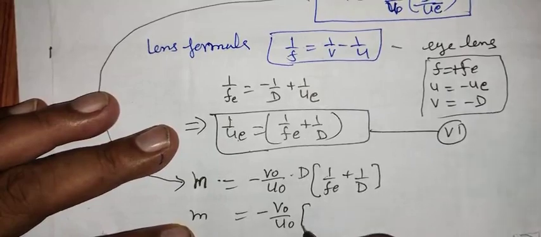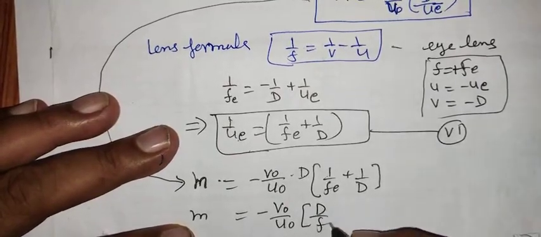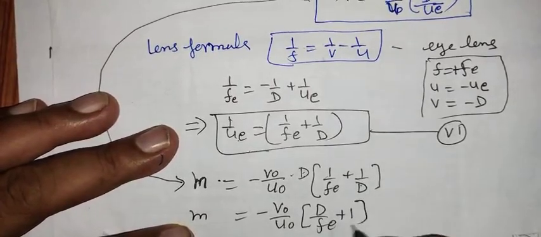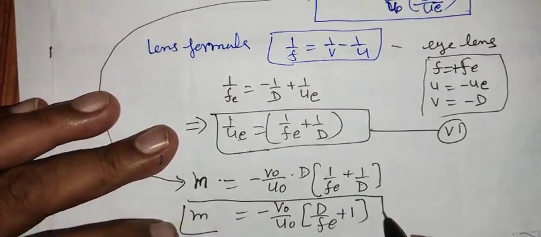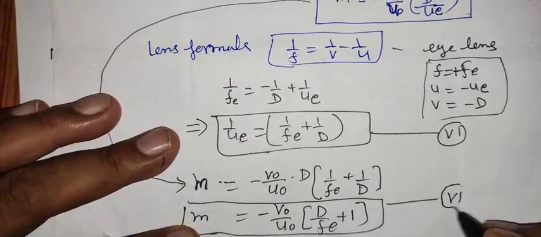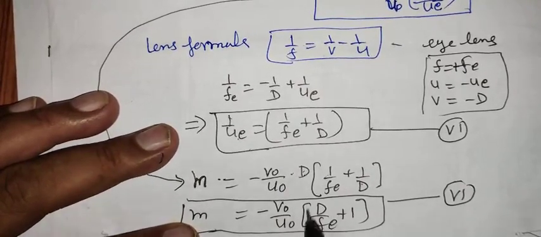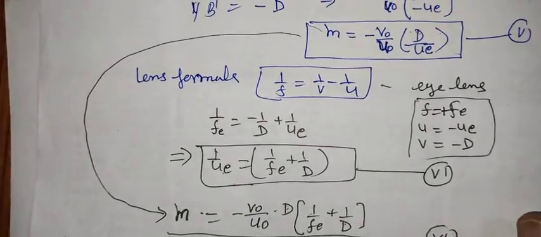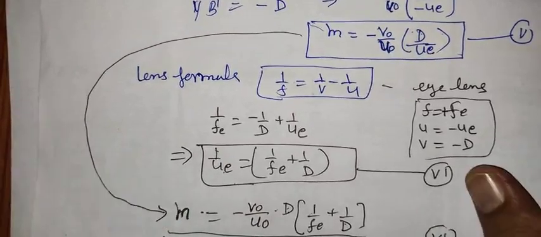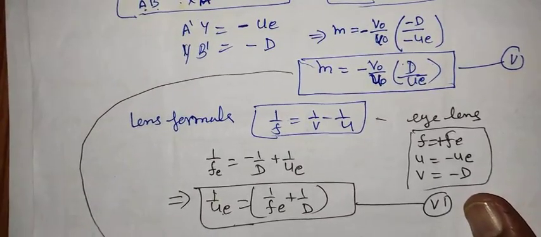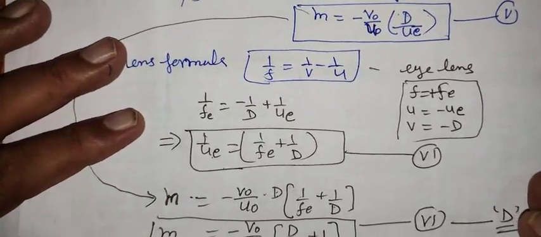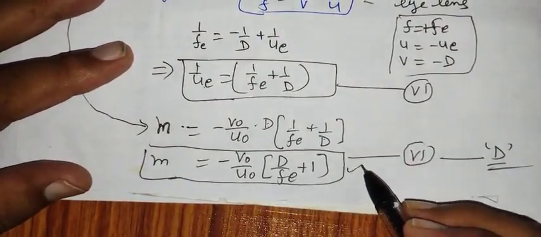When we keep D inside, it is D by Fe, and D is cancelled by D here, so 1 remains. This is the final formula, represented by equation number 7, when the final image is formed at the least distance of distinct vision, capital D.